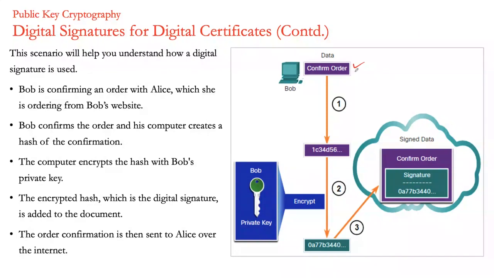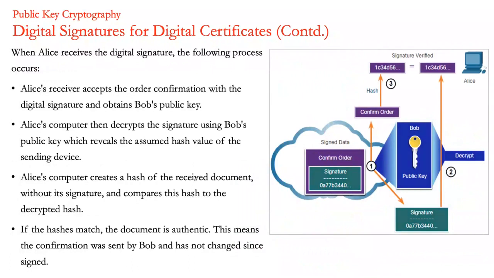The hash generates one digest. That digest is encrypted with the key of Bob, which key? Private key. Then it generates a digital signature. That digital signature along with the confirmation order, plain text, is signed and sent through the internet to Alice.